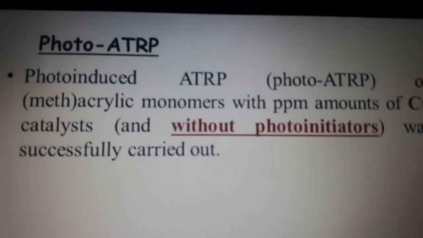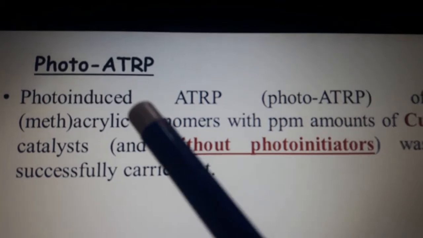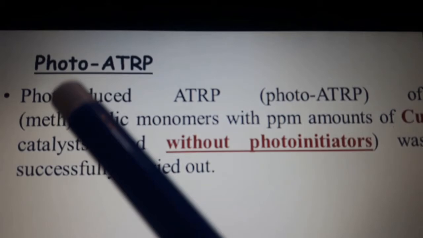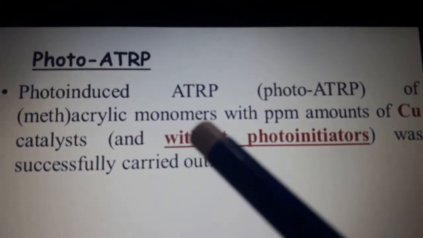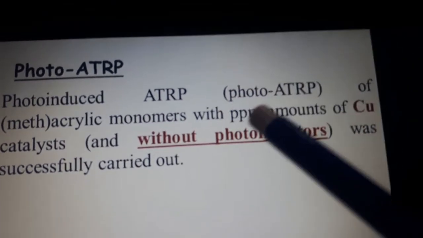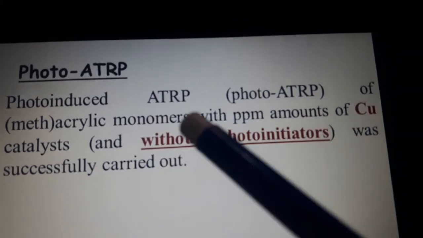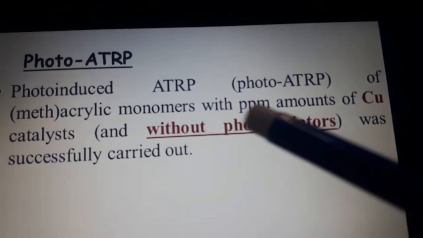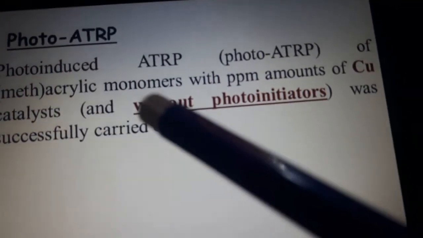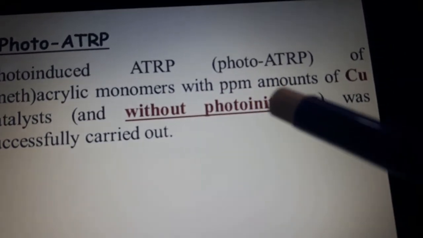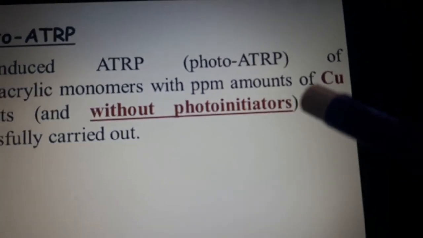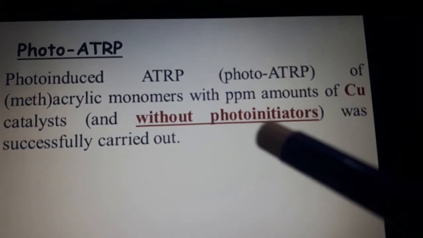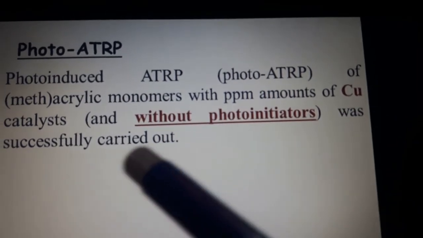Another important last subtopic we have to focus on here is Photo-ATRP. In Photo-ATRP, light is used to carry out or control the polymerization. In this case, an experiment is done in which methacrylic monomer with a ppm level of copper catalyst is used without any photoinitiator, and a successful polymerization is carried out.